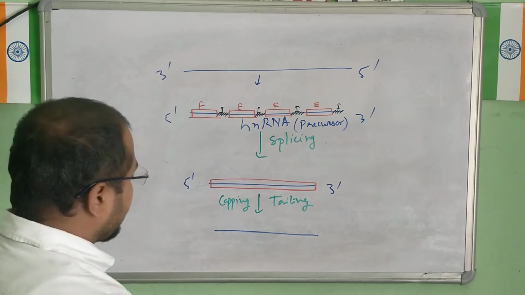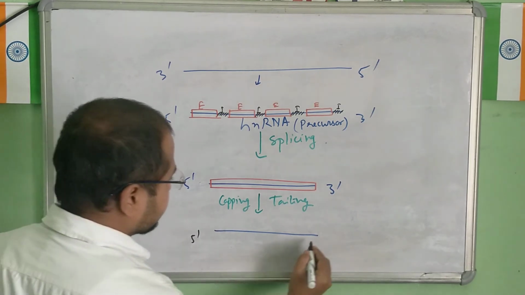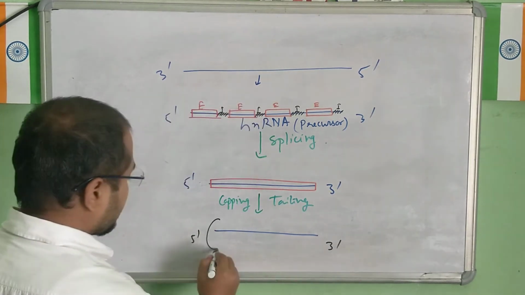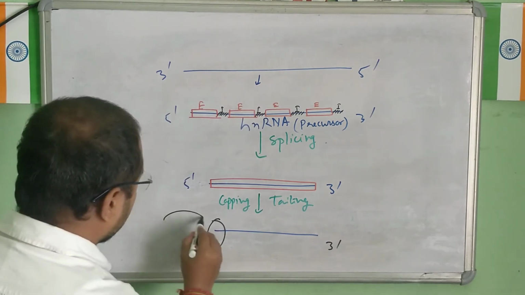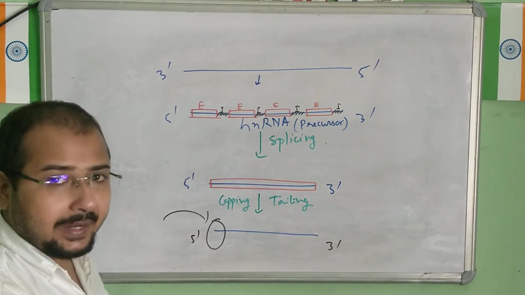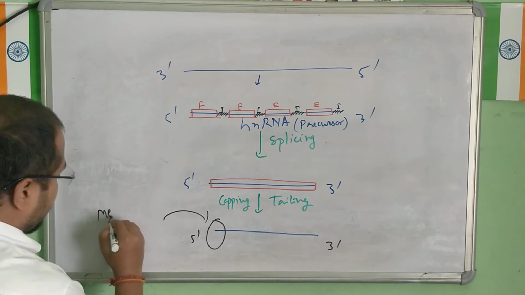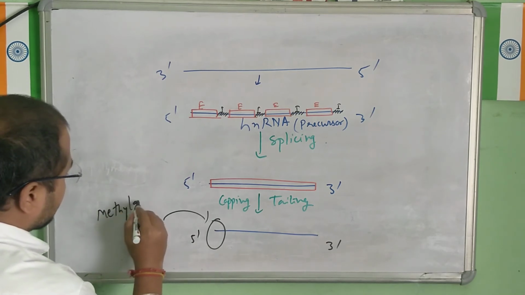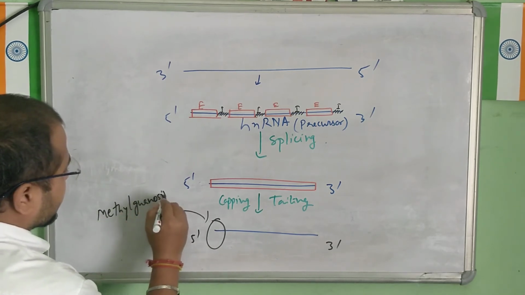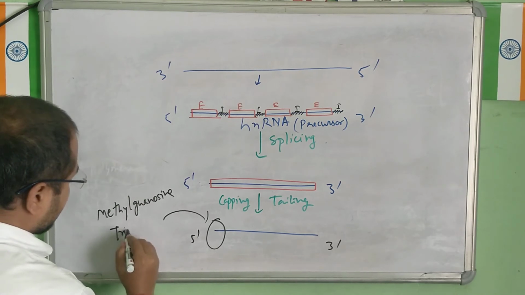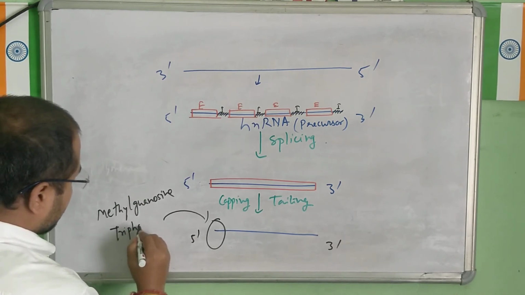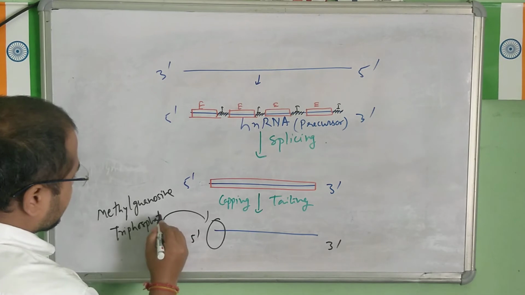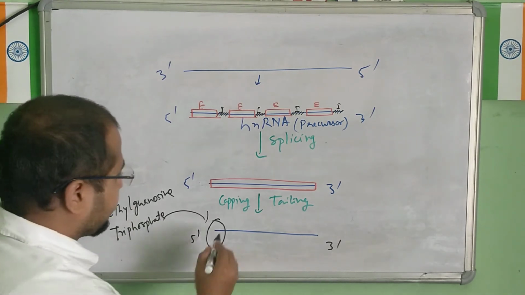At the 5' end, one compound is going to bind here, known as methyl guanosine triphosphate, by the process of capping.